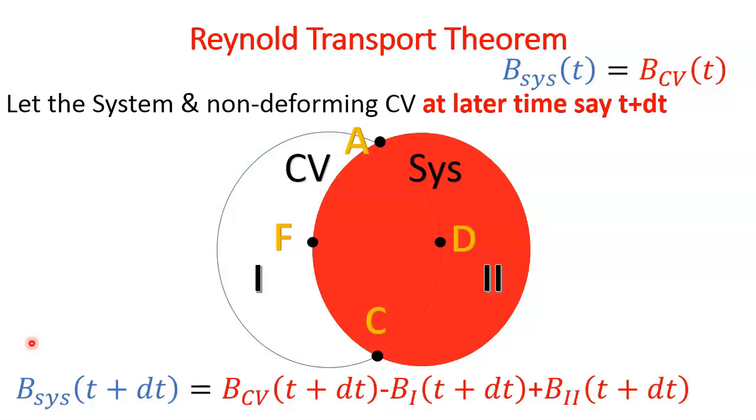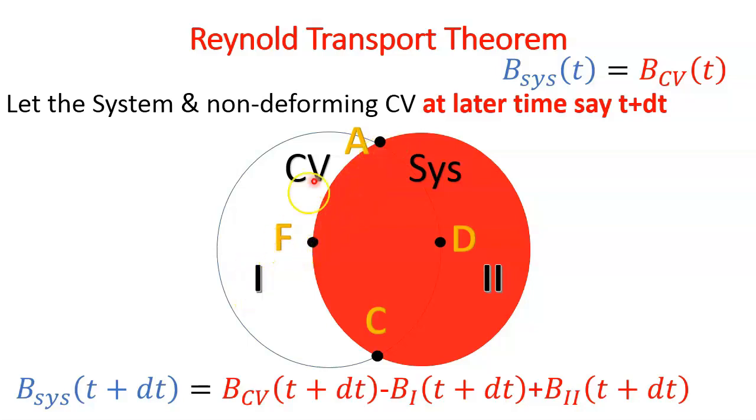System has moved ahead of control volume, and the boundary region of CV and system is represented by A, F, C, and the other boundary continues as C, D, and A. So here we have two regions.